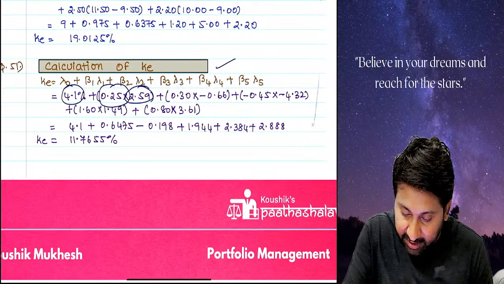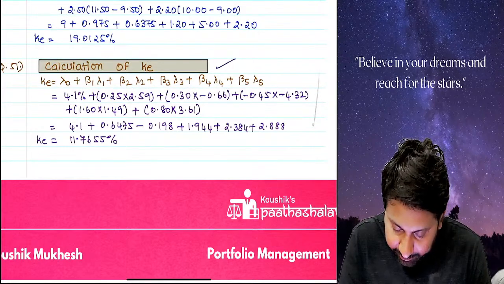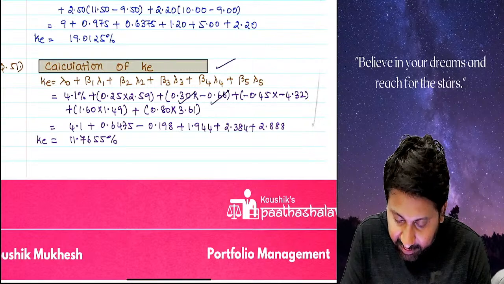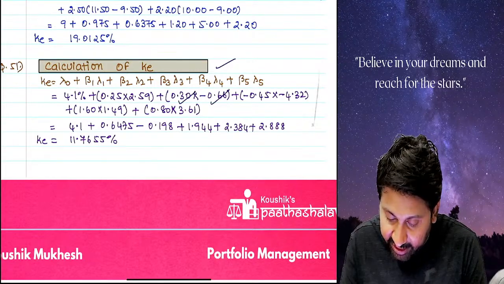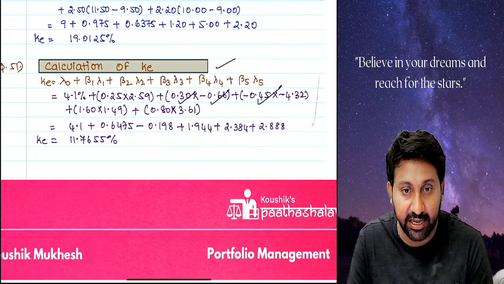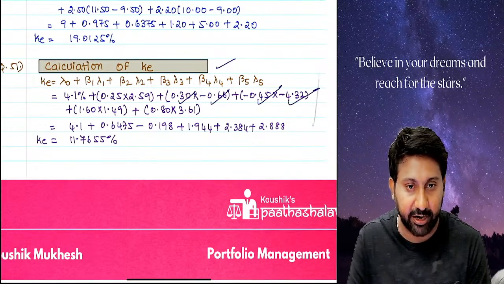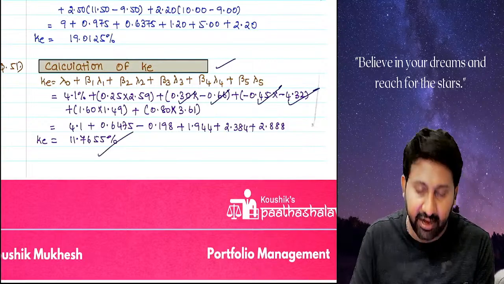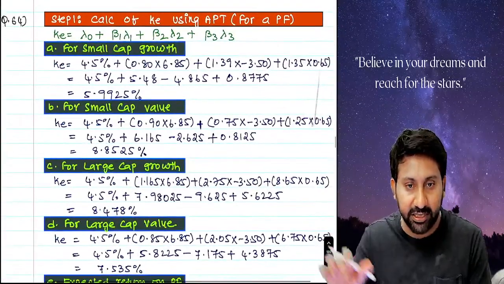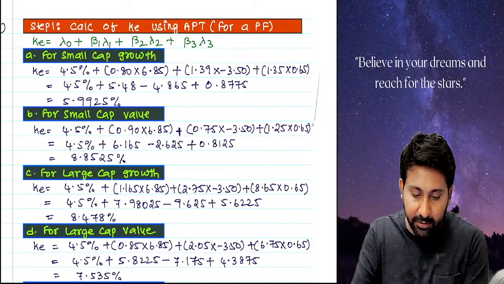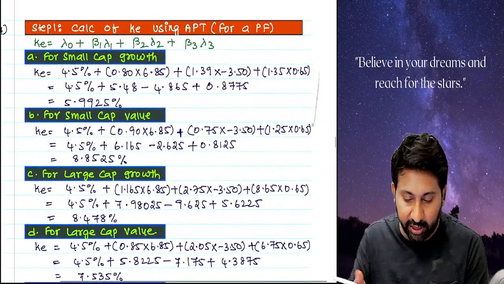If you observe the numbers clearly, in the second case beta 2 is positive and risk premium is negative. In the third case, beta is negative and risk premium is also negative. So anything, positives and negatives, can come in the APT model. Finally, the calculation. This is a very popular question in the study material: small cap, small cap value, small cap growth, like that.